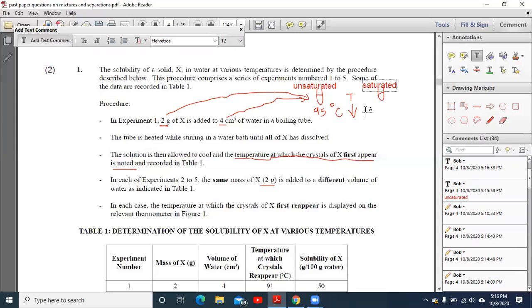Right, and immediately after, crystals will begin to appear, right?